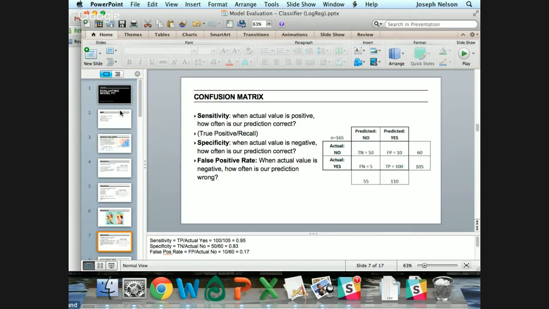And then the total number of people that are actually yes is the sensitivity's denominator. So if we want to calculate the rate at which our model correctly says yes over how many people actually have this disease, we need to divide 100 by the total of yeses, which is 105, and we get 0.95.